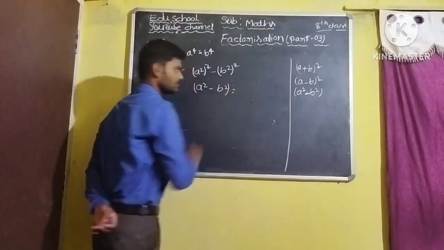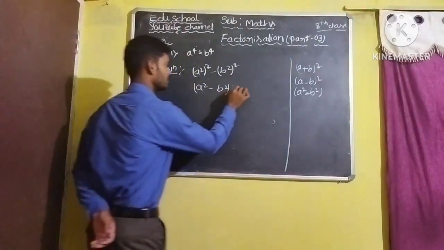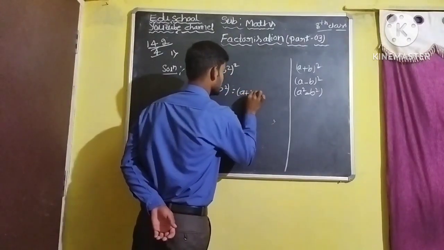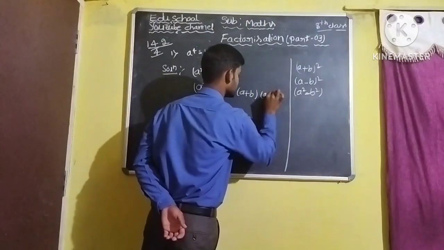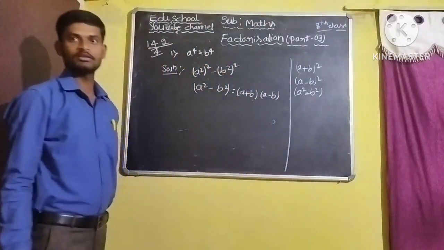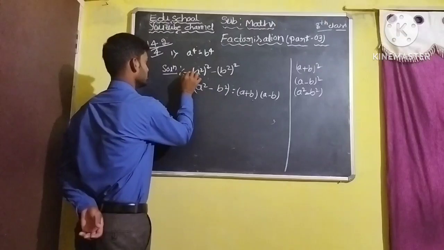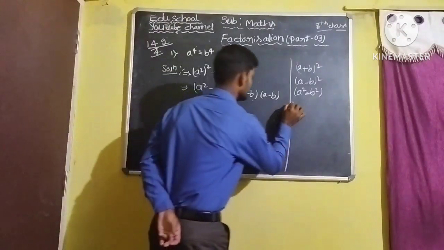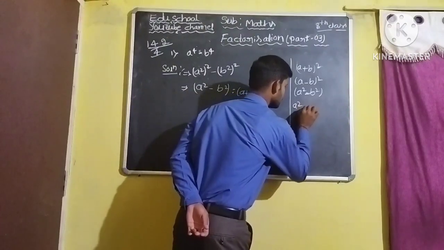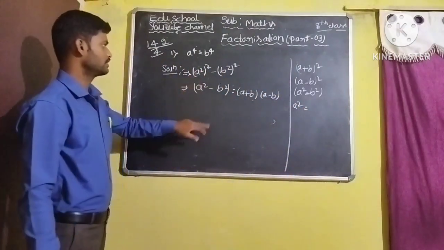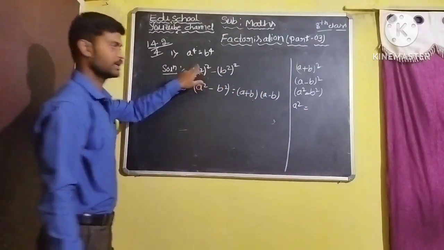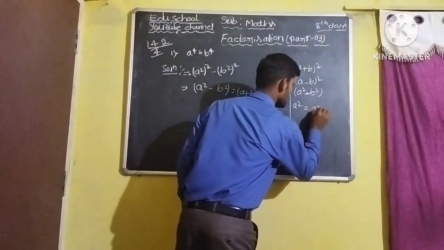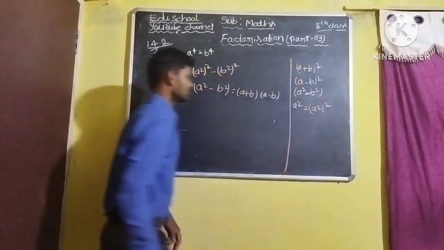What is the a square minus b square formula? a plus b into a minus b, isn't it? So observe here, in the a square place, what is there? A square whole square is there.